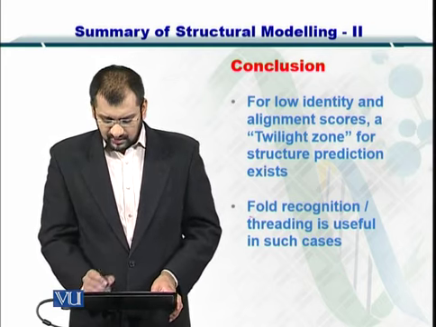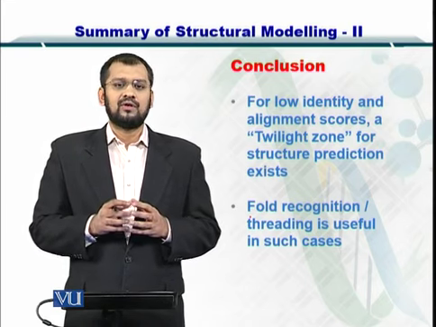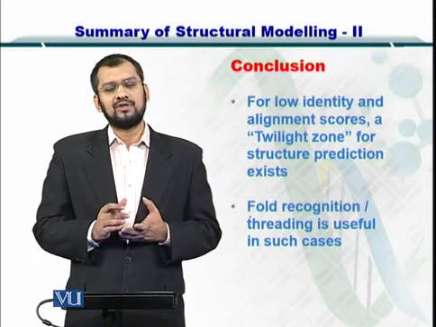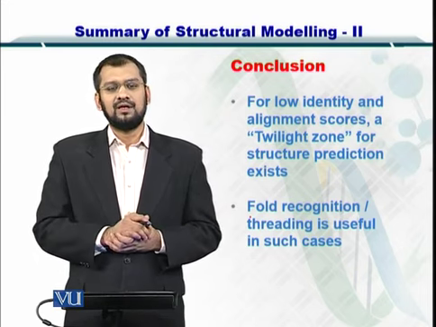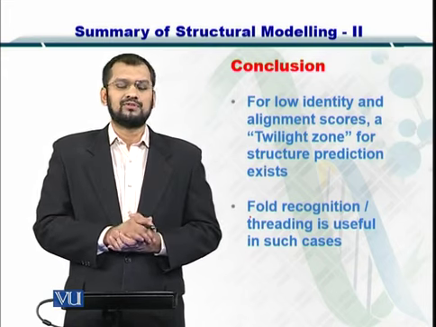Also, the fold recognition paradigm is extremely useful in cases for novel protein structure identification. So if your protein structure is not there in the PDB, then you can use threading towards predicting novel protein structures as well.